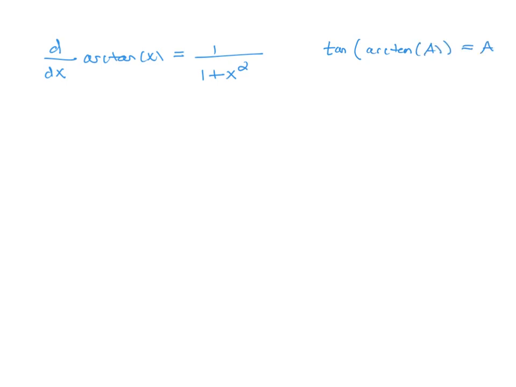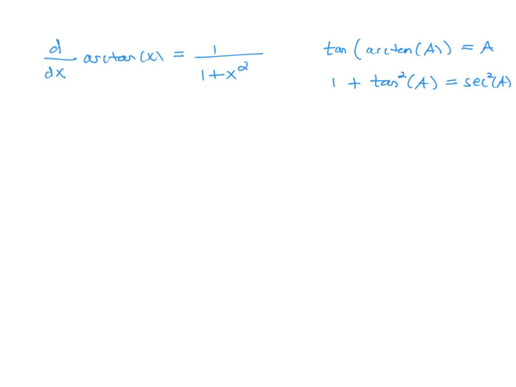The reason is, tangent and arctangent are inverses, so they cancel each other. Another important identity is, if you see 1 plus tangent squared of anything, that's the same thing as secant squared of that thing. I think that's pretty much all we will need to solve this problem.